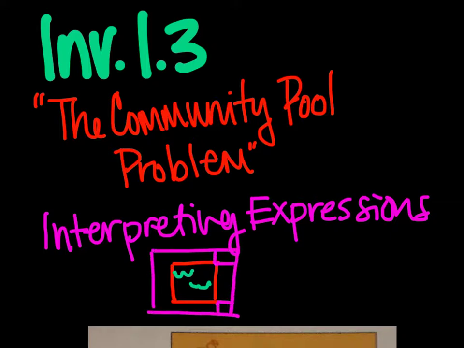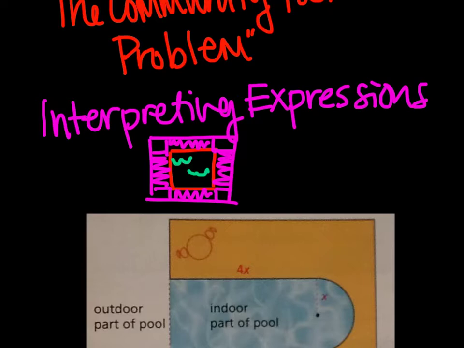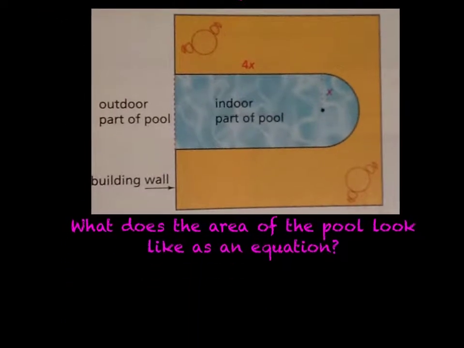We looked at those corner tiles and the various side length tiles, understanding what is important in our equations to represent and how we could show that equivalence through an equation and through a drawing. So now we're going to be looking at a slightly more difficult problem.